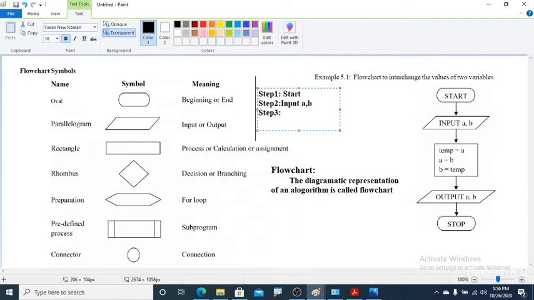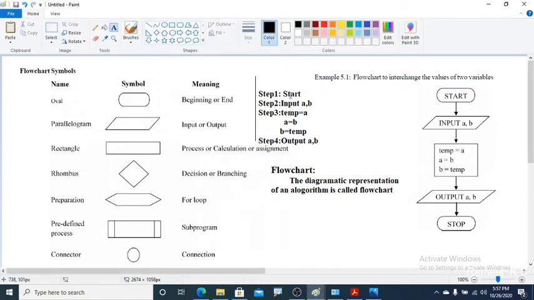Step 3: temp equals a, a equals b, b equals temp. Step 4: output a, b. So this is the algorithm.